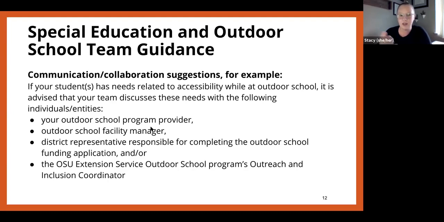We want to make sure that the outdoor school program provider is involved, the outdoor school facility manager has an important role, and the district representative who's responsible for completing the outdoor school funding application would be important in this team. And then the OSU Extension Service Outdoor School Program Outreach and Inclusion Coordinator can also be a resource in this process as well.